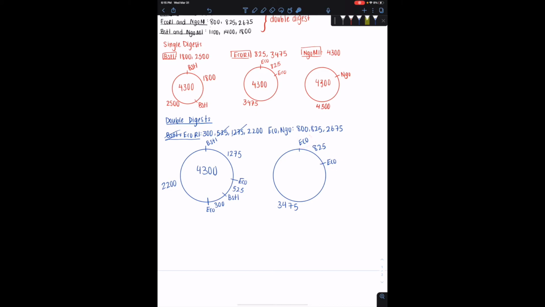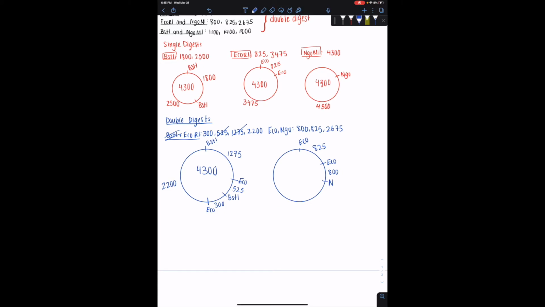It did its 2 cuts that it already did in its single digest, so we're just going to make a cut with engo. So engo is going to make a cut here, or it could be here. It just has to be the correct size. This is going to be 800, cut by n.